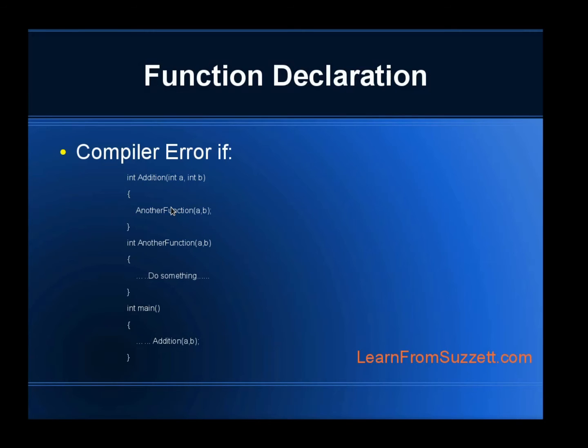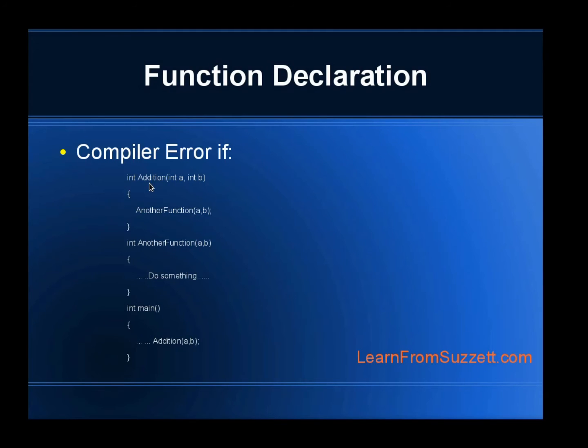So the compiler, since it has been called for addition(a, b), knows that okay, there is addition, I know it, so it goes up here, it calls, and now here it is asking for another function(a, b). Now what's going to happen is that we have declared another function after the addition function, so the compiler is going to complain that there is no another function before the addition function. Okay, another function needs to be on top of the addition function.